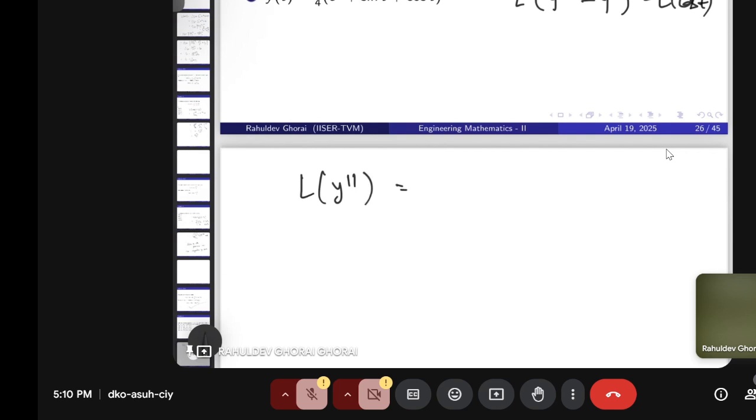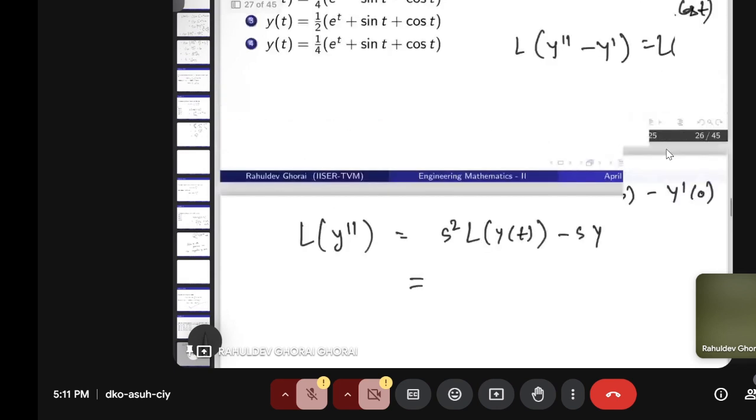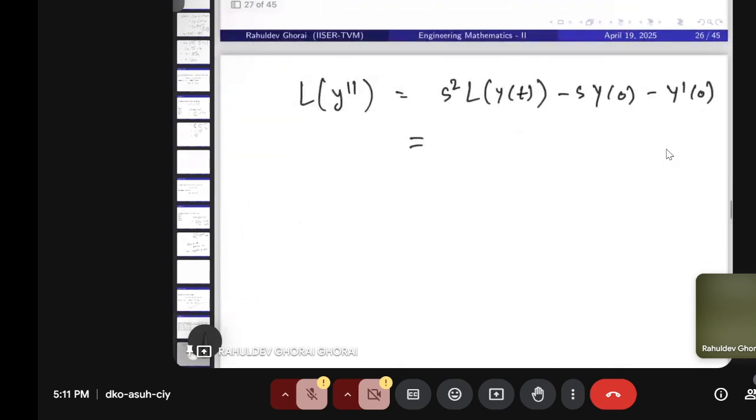If I remember, it is s square L of y(t) minus s y(0) minus y prime(0), right? What are the things given? y(0) is 0 and y prime(0) is 0. So it will only be s square L of y(t).